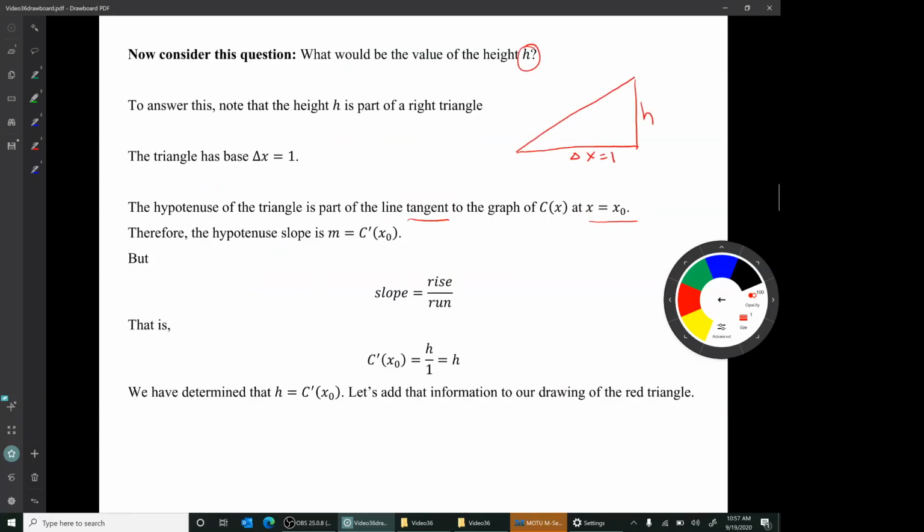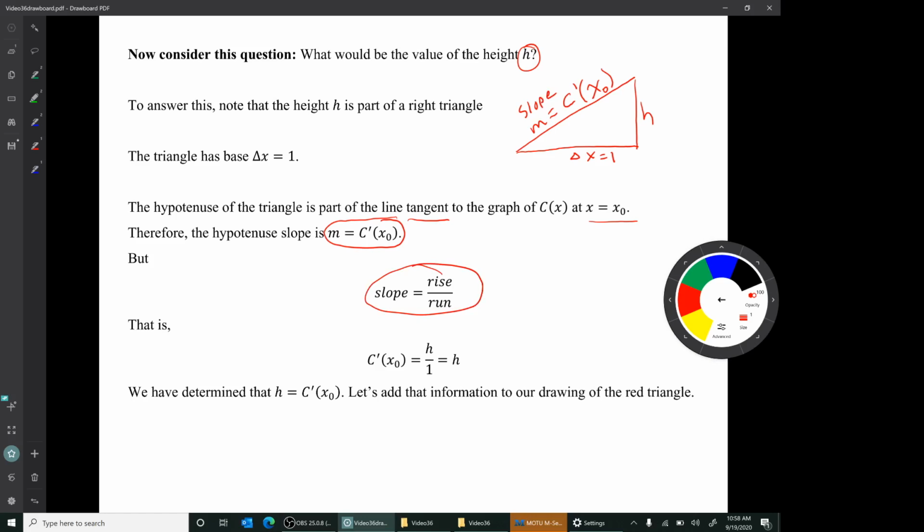So that tangent line is going to have slope that's given by this expression, c prime parentheses x subscript 0. Remember, that's the derivative of c at x equals x subscript 0, and it's the slope of the tangent line. But remember that the slope of the hypotenuse in a right triangle is rise over run.